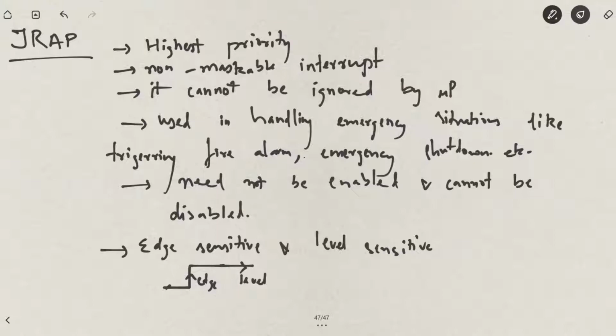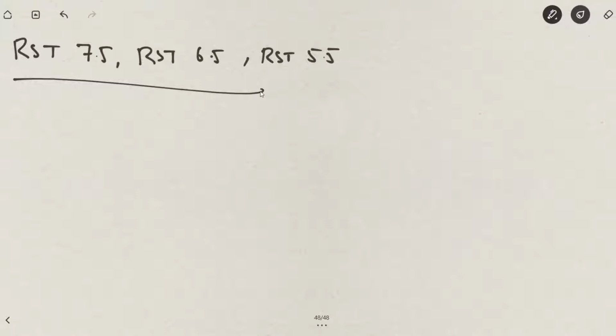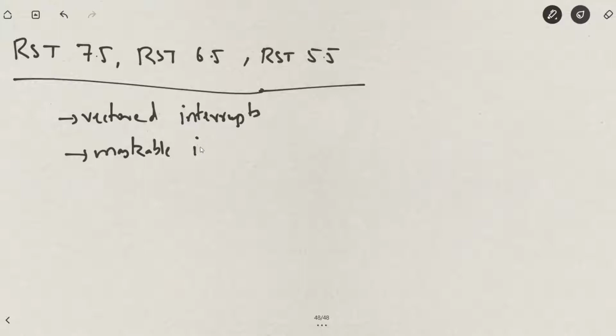Then we have the three interrupts: RST 7.5, RST 6.5, and RST 5.5. These three are again vectored interrupts, and we have also discussed that they are maskable interrupts. That means we can enable them or disable them, so they need to be enabled and can be disabled.